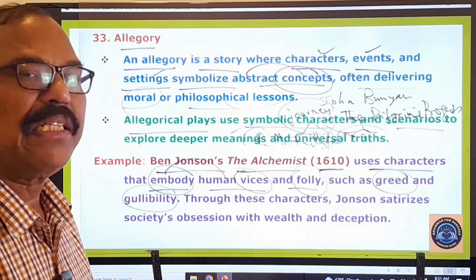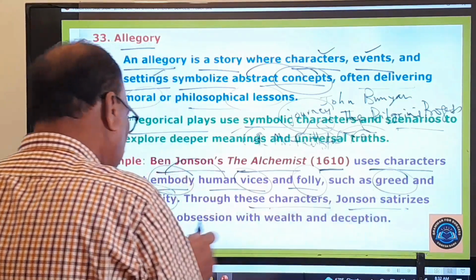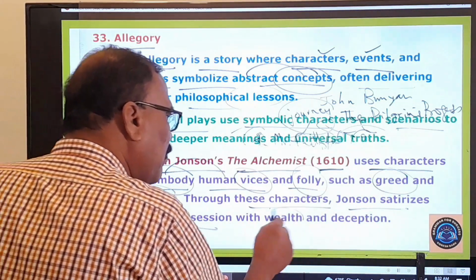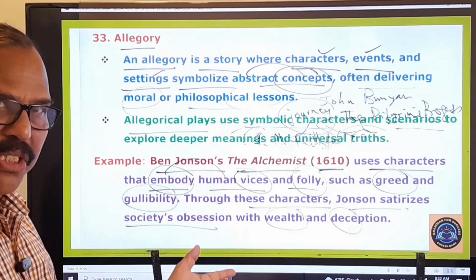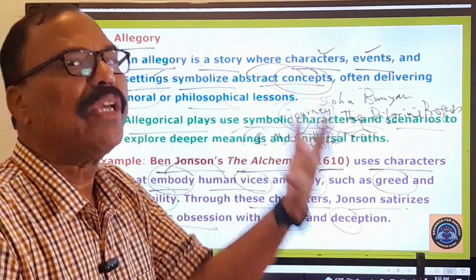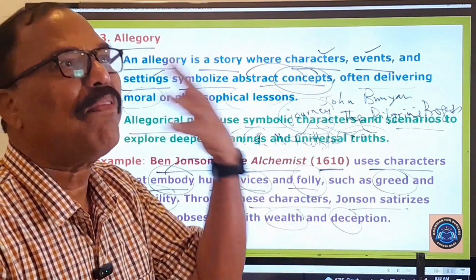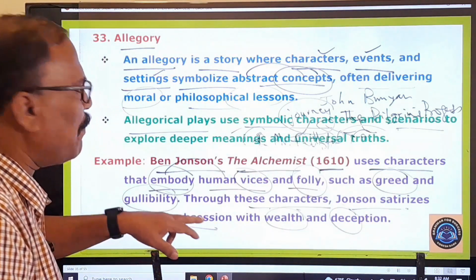Gullibility means easily trusting nature. Through these characters, Ben Jonson satirizes society's obsession with wealth and deception. Satirizing means mocking. He is laughing at or criticizing the society's obsession.